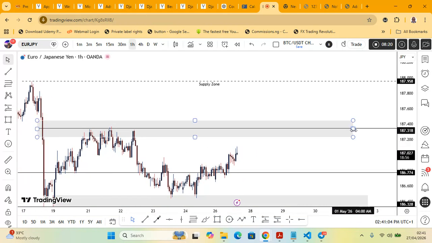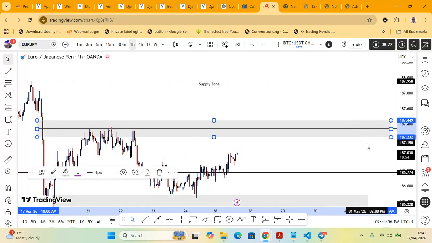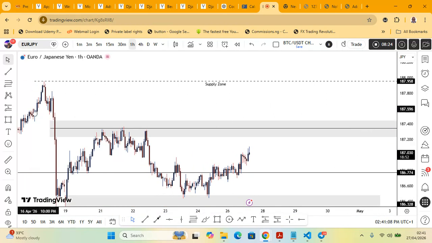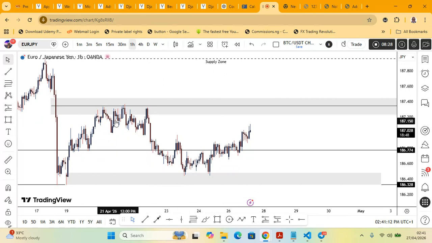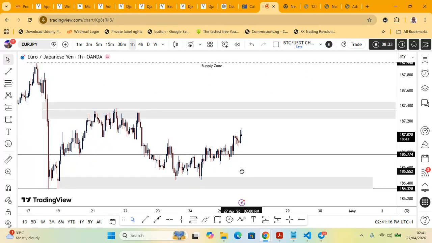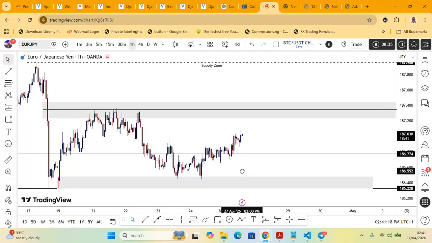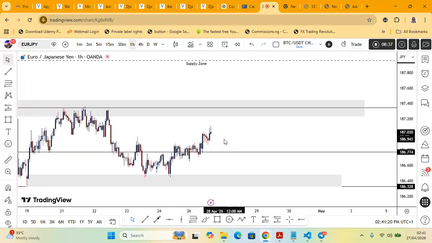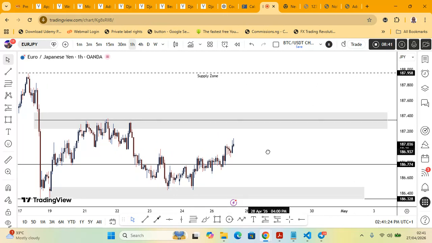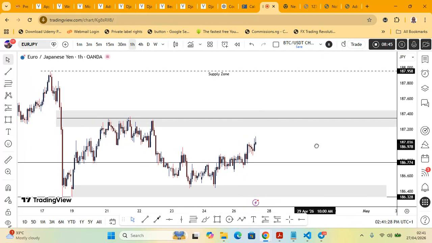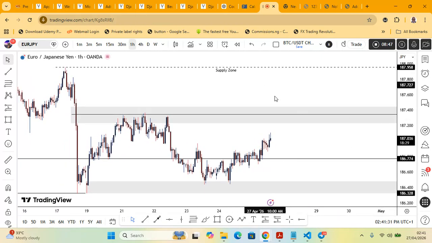This is where the fair value gap is, and if you know how to trade it, you will see that price has mitigated that level, and that's why it's coming down. So this would have been an entry point to the downside, but I'm not trading FVG. I'm trading supply and demand zones. So I want price to get to this supply zone, which is my area of interest, before I look for opportunity to sell, to short this market.